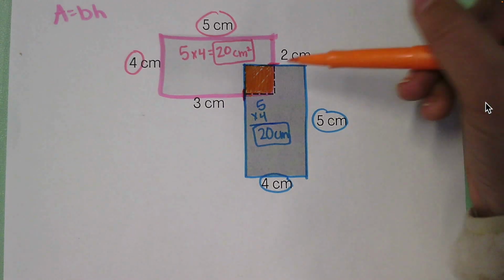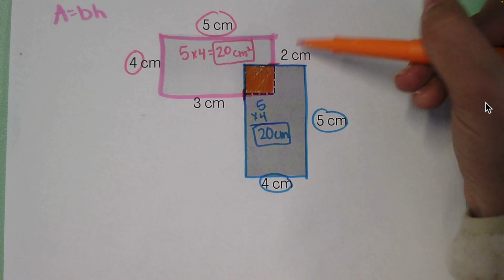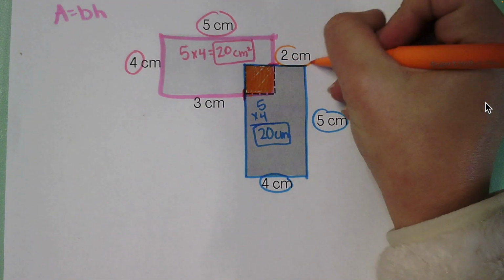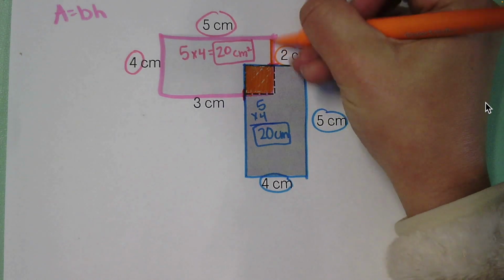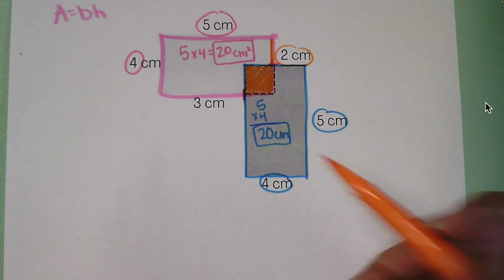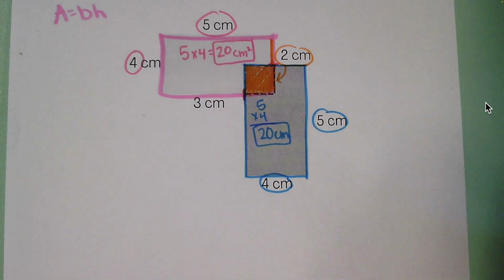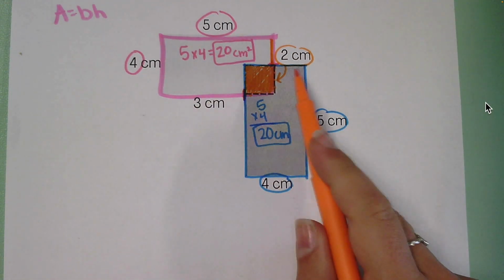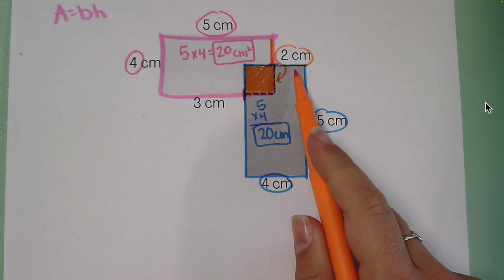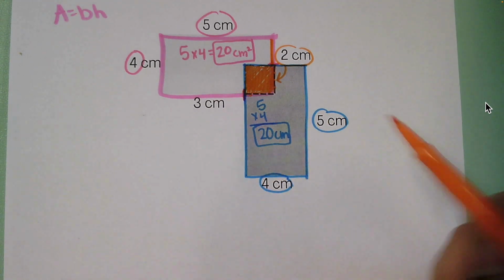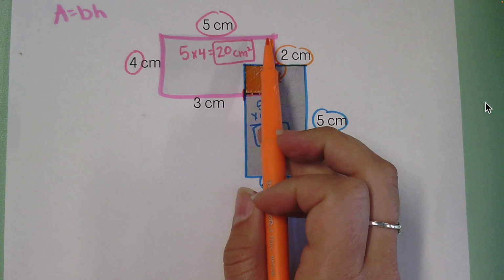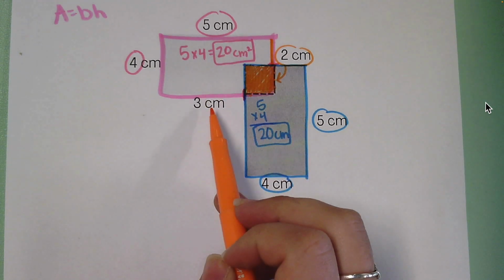Now for here, if this is 2 from here to here, then that means it's also 2 right here. Because if this is 4, this is 2, so that's showing me that it's half. Now down here, I see that 5 was all the way across. 3 is this portion.